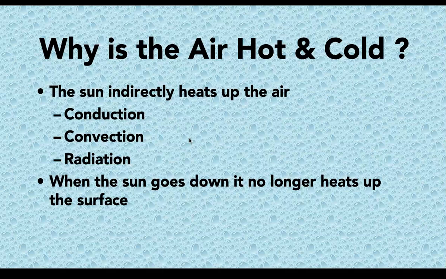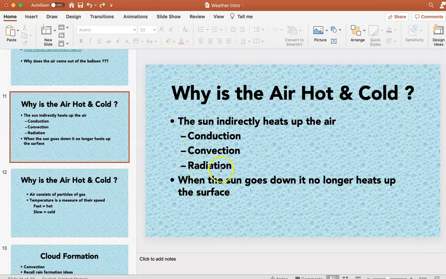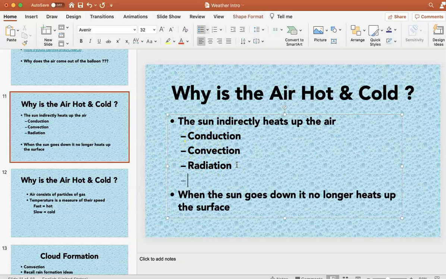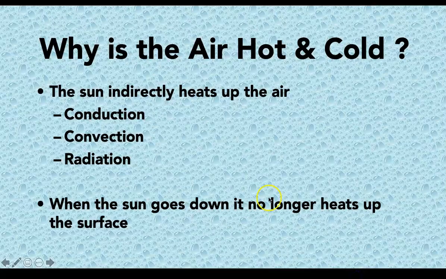We've got conduction, we've got convection, and we've got radiation. Okay? And as I just said, we need all three of those in conjunction with one another. Conduction is energy transfer through touching.